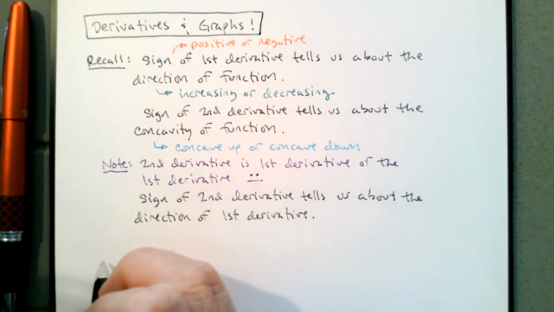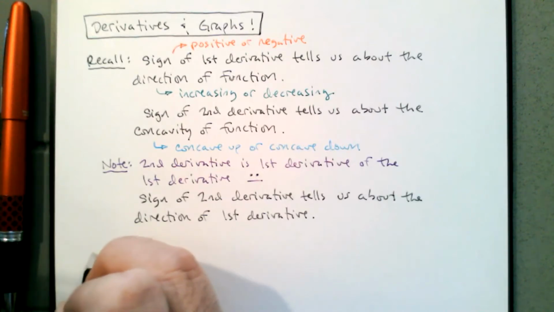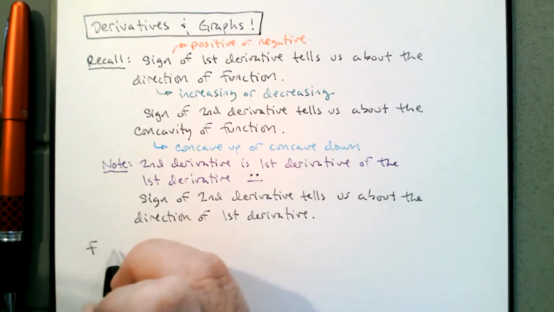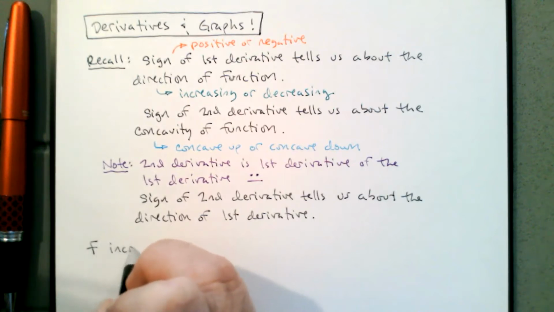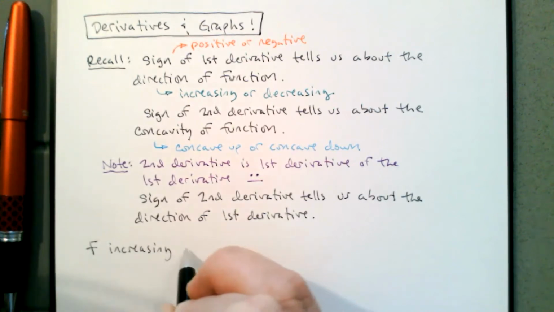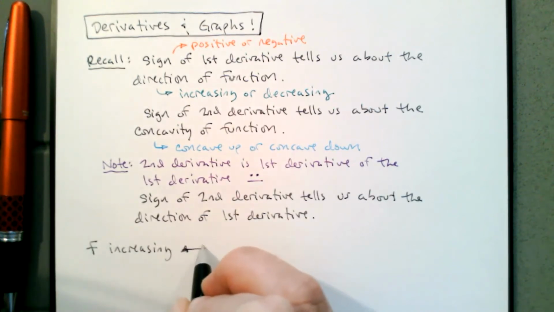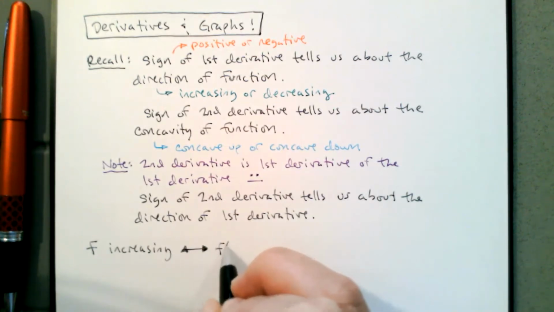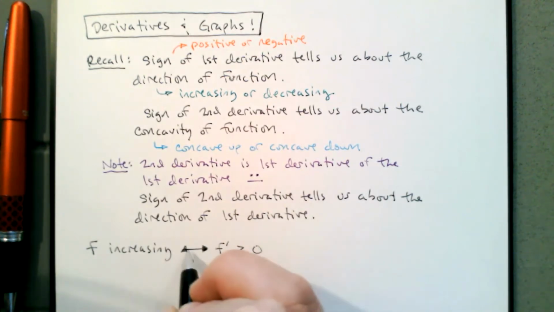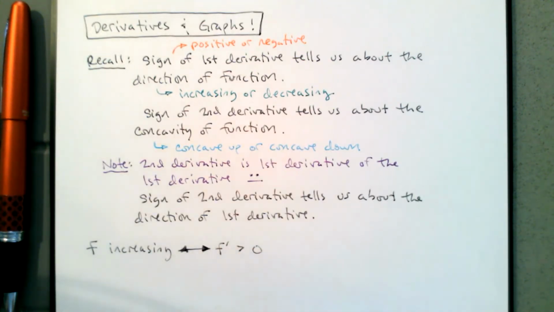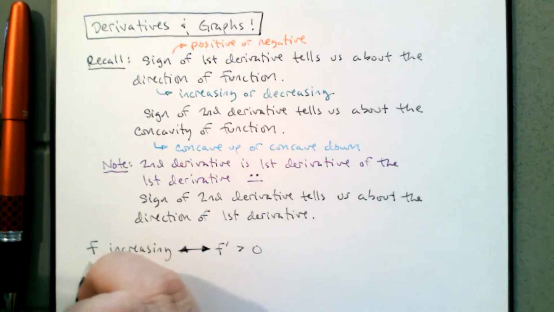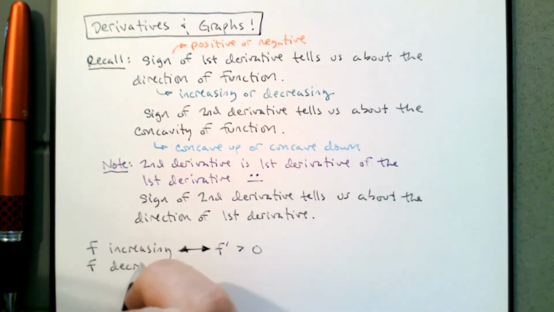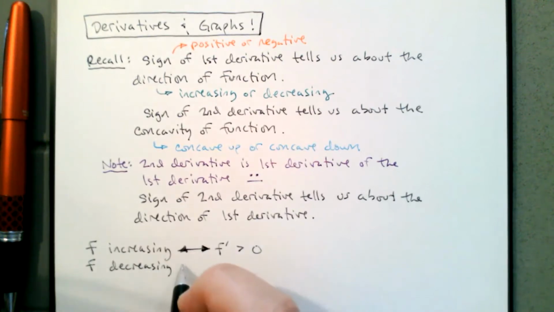So if the function f is increasing, that means the first derivative, f prime, is positive. If the function is decreasing, that means the first derivative is negative.